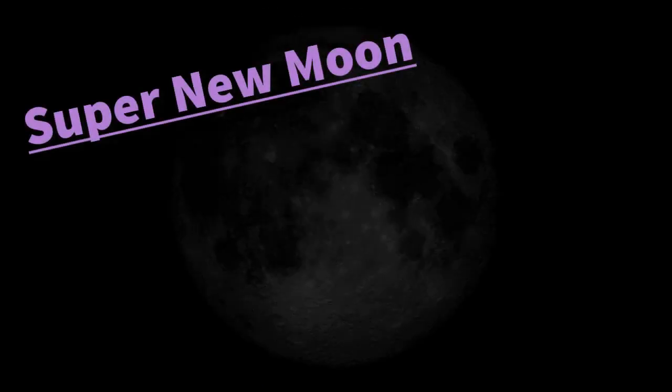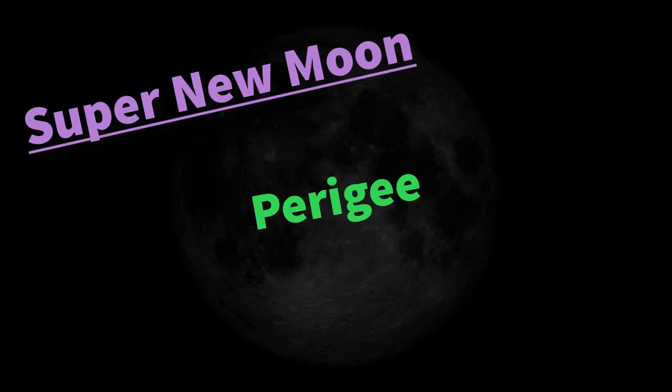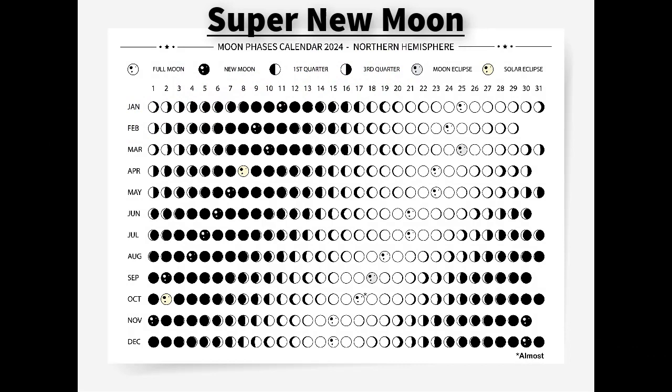Next is super new moons. A super new moon occurs during perigee pretty much. So it's just like a super moon, however it's going to be the new moon version of it. This is going to cause it to be slightly larger and brighter. However, the difference in size and brightness may not be as noticeable as during a supermoon. The next one we got is going to be on February 9th of 2024.